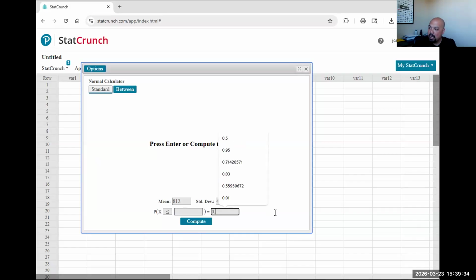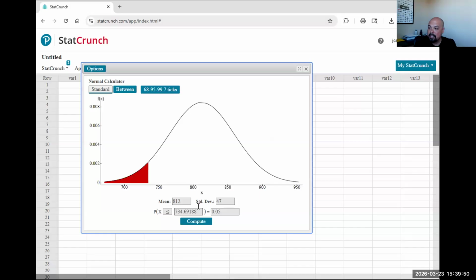But now we know the area, 0.05. That 5%, always as a decimal in our work here, so converting to a decimal, 0.05, with the decimal place two places to the right. Now we compute, and it's going to give us this cutoff score, that X value that's going to make that area equal to 5%.